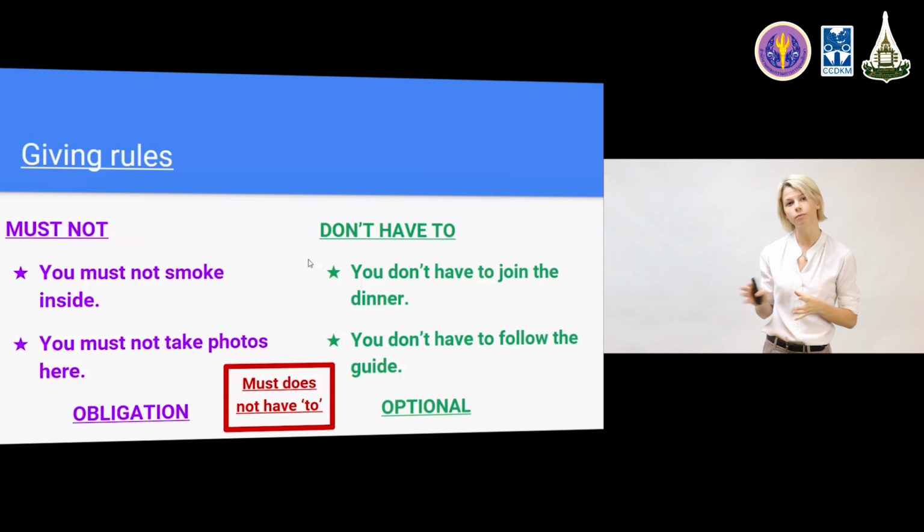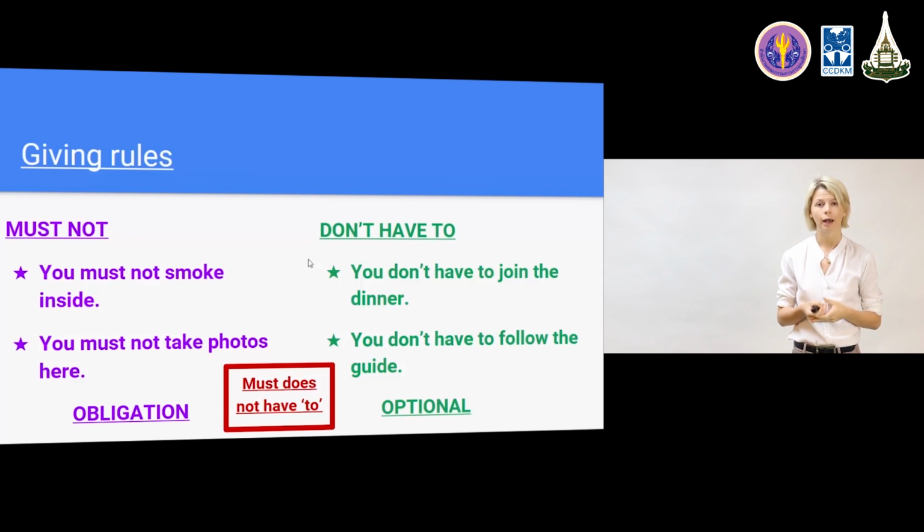But now if we move to the green and we look at have to in the negative, don't have to. The meaning here now changes a little bit. The first example, you don't have to join the dinner.